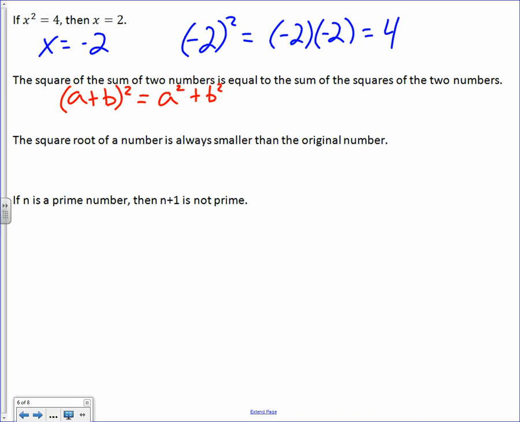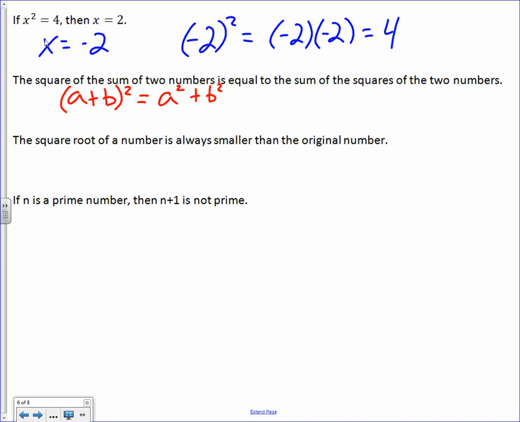And again, like our other ones, we can just pick some values and see when and if they work or don't work. Here, it seems like it would probably be true, but this is that algebraic mistake that we often make, because (a plus b) squared is actually the same as a squared plus 2ab plus b squared, right? So it's not the same as a squared plus b squared, at least in almost any situation.